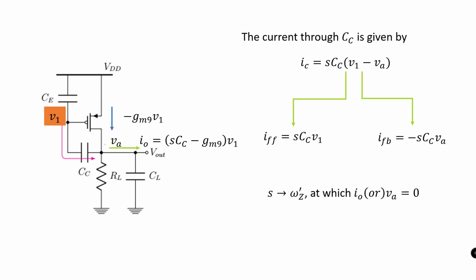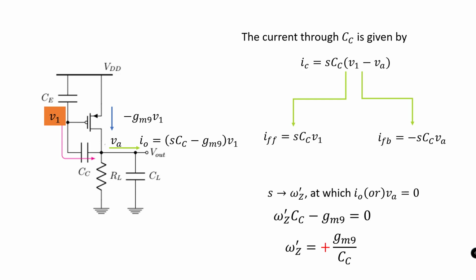But as stated before, when the circuit is operated at omega z, the output current I0 or the output voltage V0 becomes 0. And this can happen only when the magnitude of both these currents are equal and opposite. That is, when both the drain current and the feed-forward current are equal and opposite in their phases. From this, one can get the same expression for the omega z.